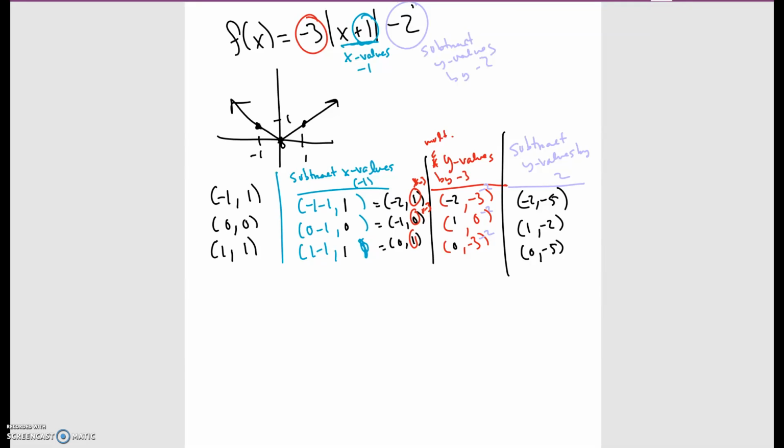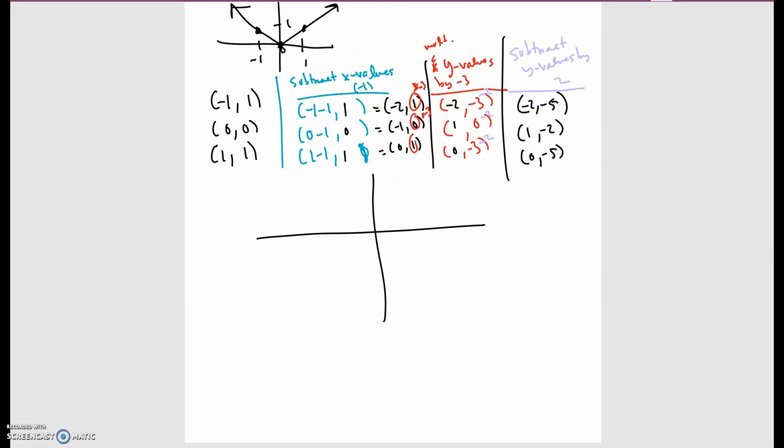So this is mainly me doing it by using the 3 key points. The only thing that you need to know is what is affecting the x and what is affecting the y's. So now let's just graph these points. The first point is going to be -2, -5. So here's -1, here's -2, and then here's 0. So -2, -5, -1, -2, -3, -4, -5.